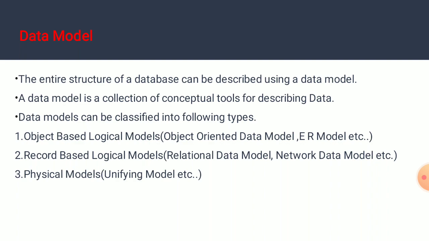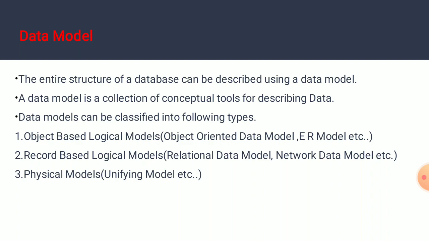In object-based logical model, the real-world entities are treated as objects, and there are various types of object-based logical model like object-oriented data model and relationship model, etc. In the second one, record-based logical model, the information or the data can be presented in the form of complete information.